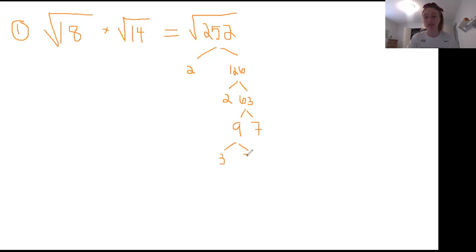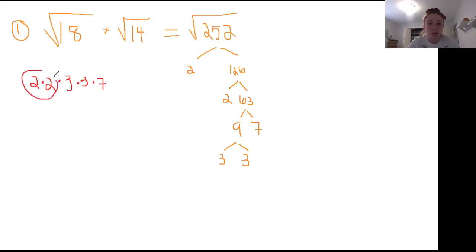So I have my final factorization. I got 2 times 2 times 3 times 3, times 7. All right, I got those numbers. Now remember, I need doubles.